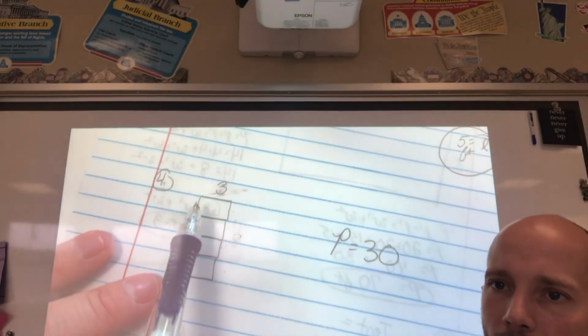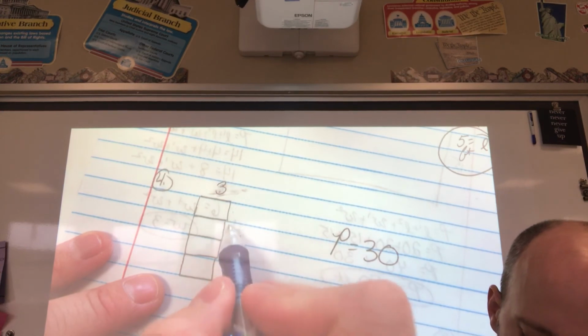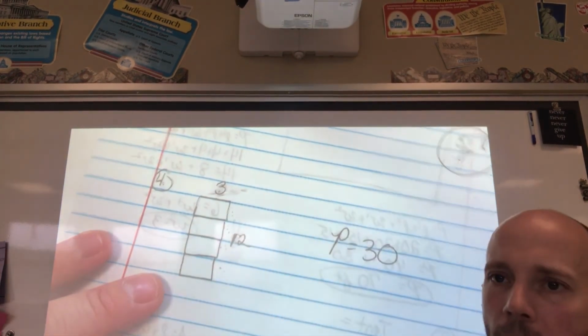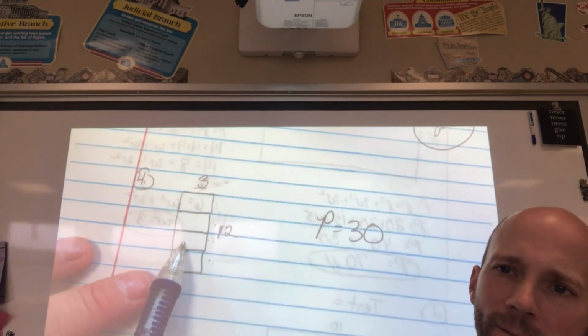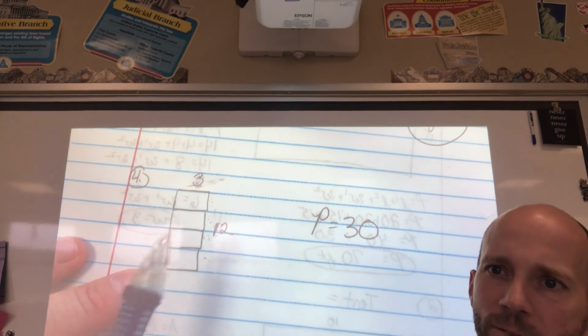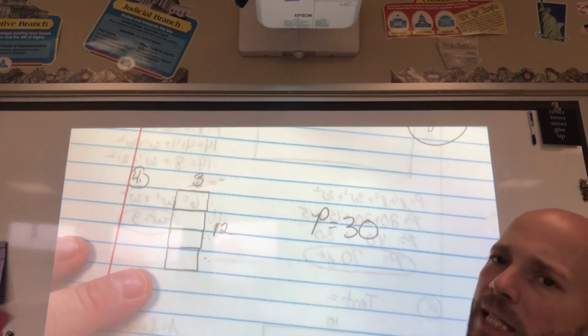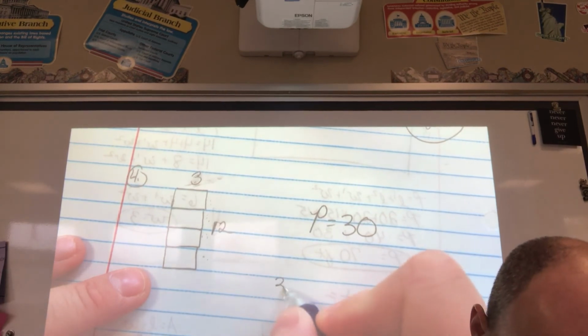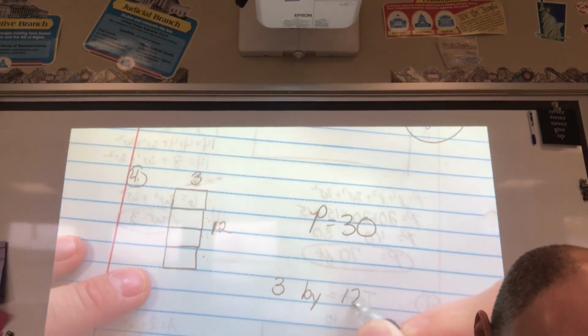Again, let's multiply that by 4. 3, 6, 9, 12. Jackpot. 3 plus 12, 15. 15 plus 15, 30. Therefore, giving my answer of 3 by 12.